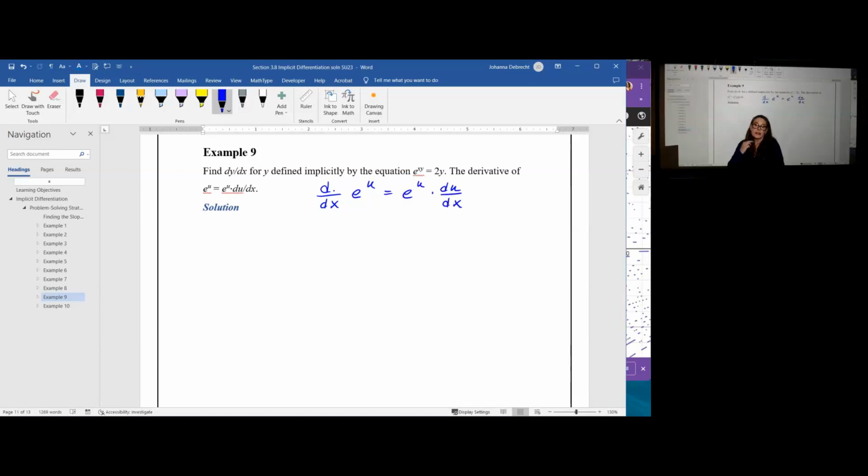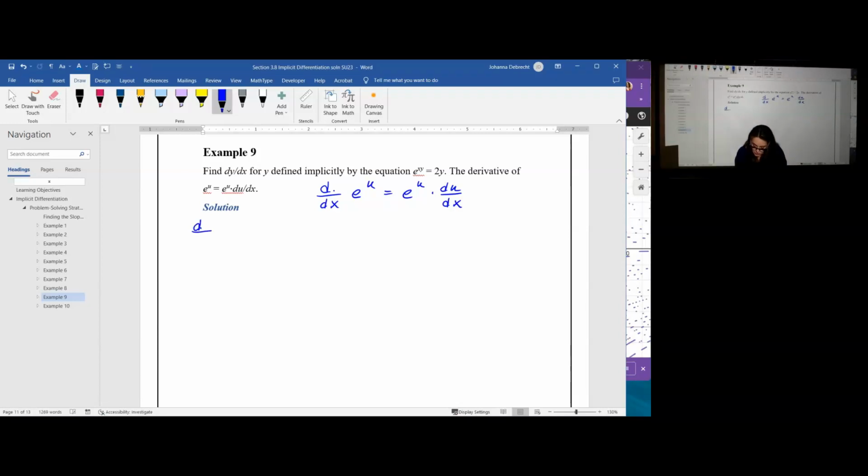Let's now go ahead and apply the derivative to both sides of this implicit equation. Notice there's no way to solve for this explicitly. Y is both in the power on the exponential and not in the power on the exponential.